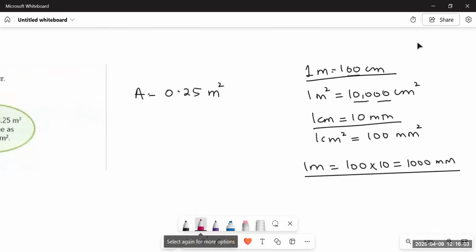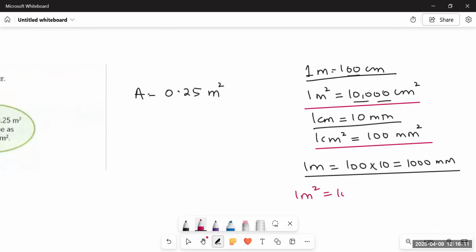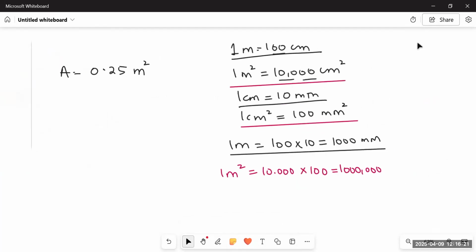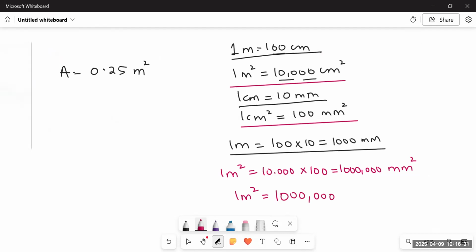So now we take 1 meter square and 1 centimeter square to millimeter square. 1 meter square is equal to 10,000 multiplied by 100, which is 1 million with 6 zeros millimeter square. It means 1 meter square is equal to 1 million millimeter square.